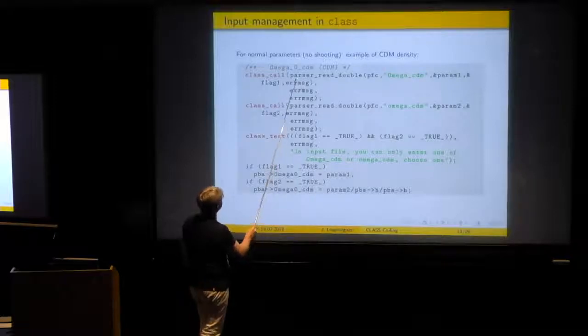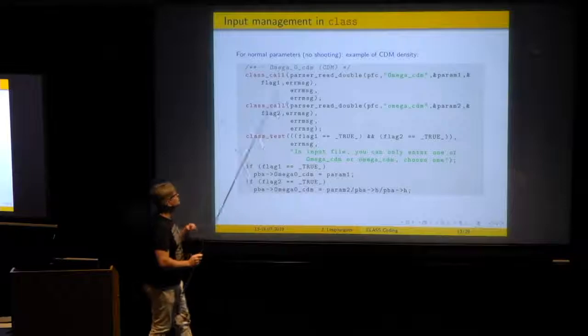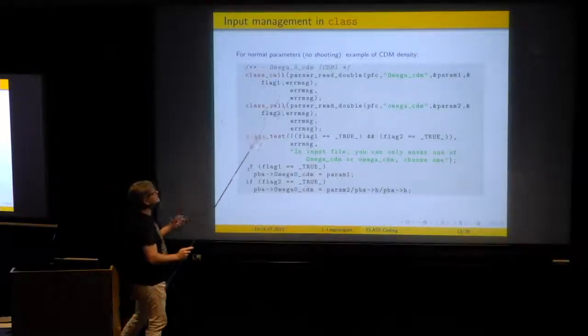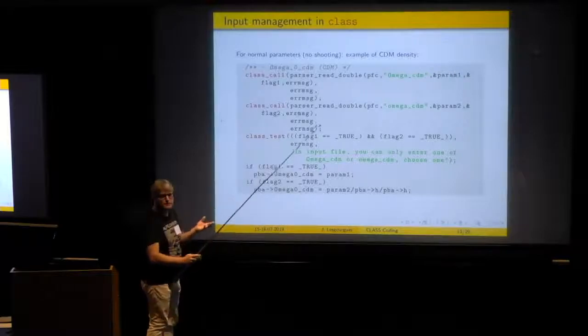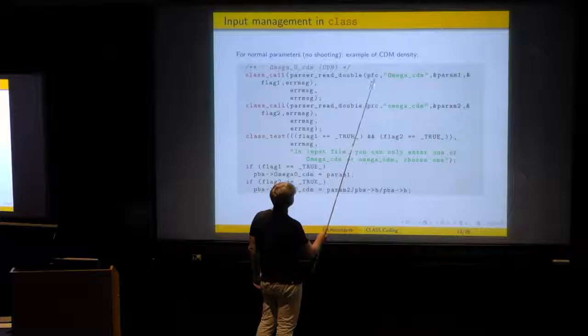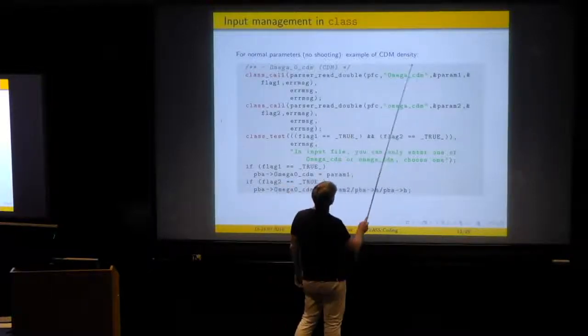So in fact, here we have the function parser_read_double, which means try to read a double. So this is a function of the parser, trying to read a double in the file content. And the first argument is a file content. It contains your inputs. The second one is a string that we are looking for.